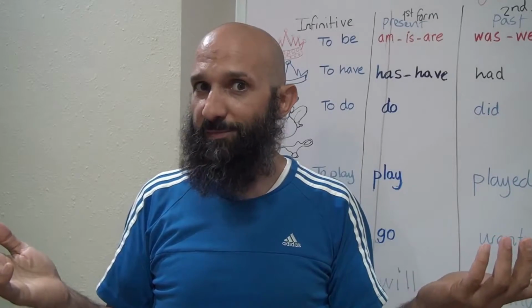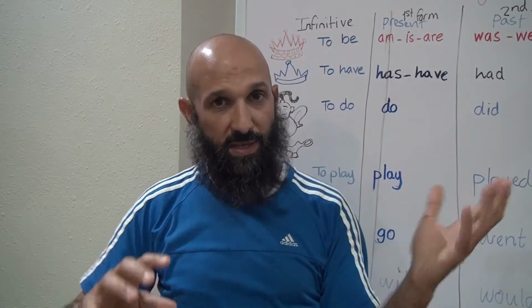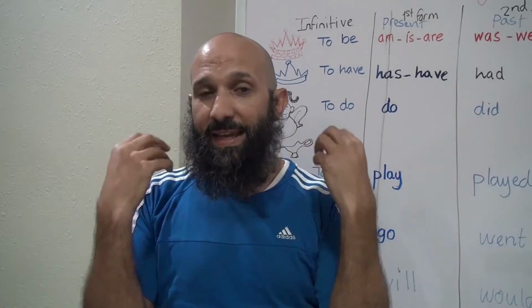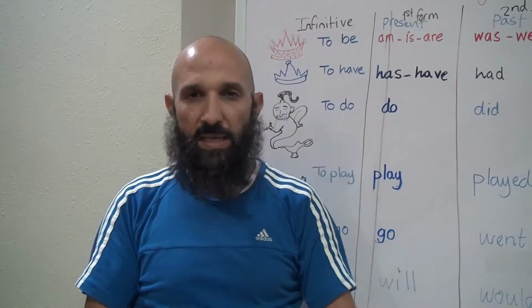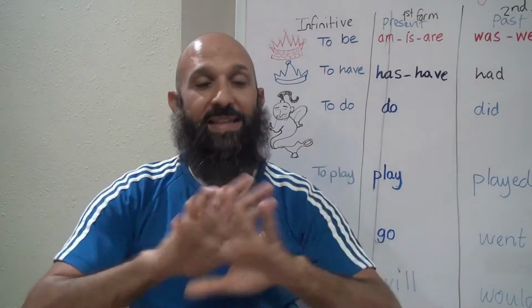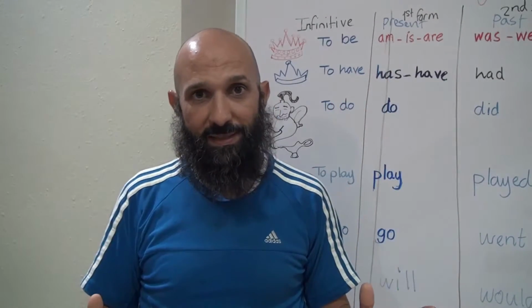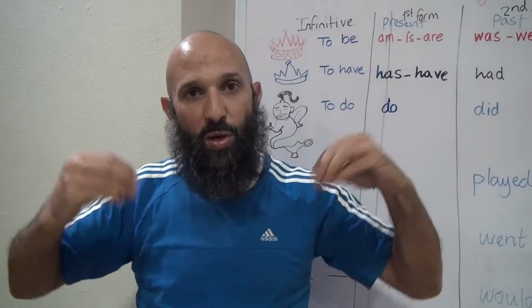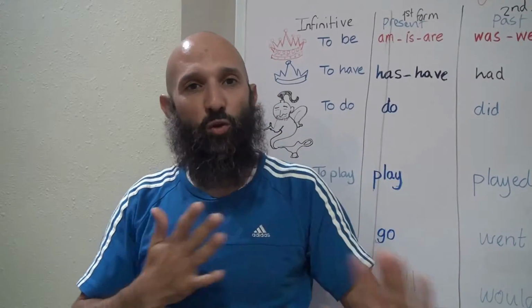How about a question? A question is not a negative, and it is not a positive sentence. Now, again, the king, verb to be, doesn't need anybody to make it negative, to make it positive, to make a question. It doesn't need anybody. So to make a question, the king makes the question by itself, alone, without anybody's help.